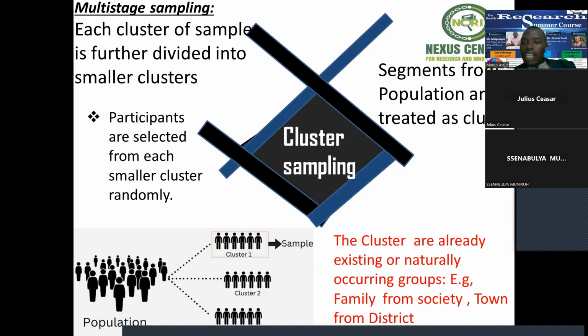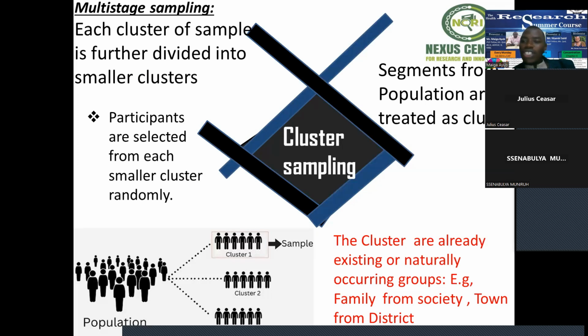So I could be studying, and then in my methodology, I say I'm going to stratify the villages. Villages of Mbale district were stratified. So I'll pick villages and stratify them. Mbale is the whole group. Then I'm going to pick villages as my cluster.